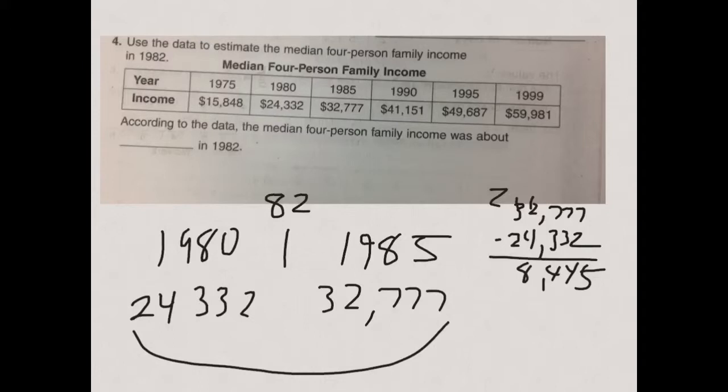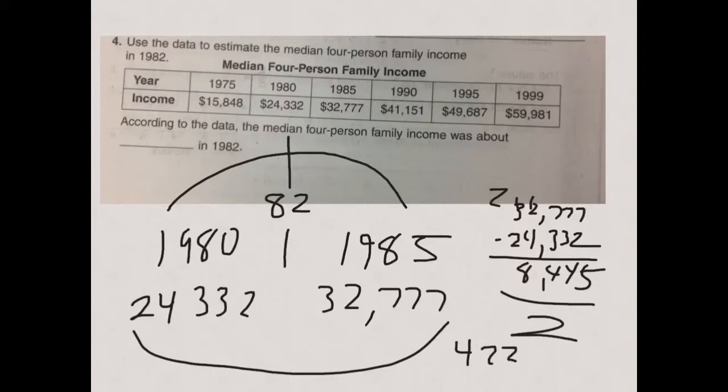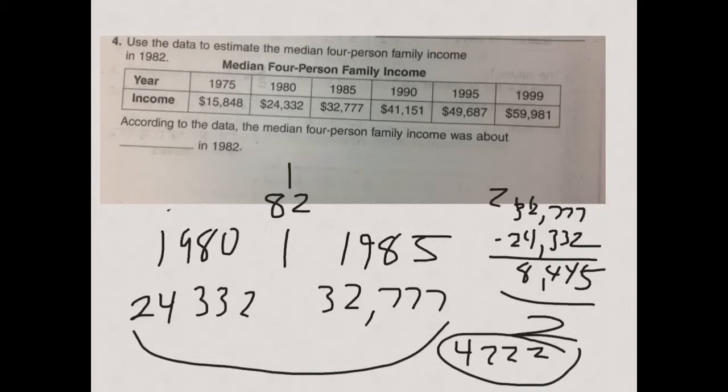$8,445. Now, that's the range from 1980 to 1985, but if I need the halfway point, then let's cut this also in half. Now I'll get 4,222 basically. So what do I do? This is the answer 4,222? No. Remember, we first found the range from 1980 to 85, which was 8,445.